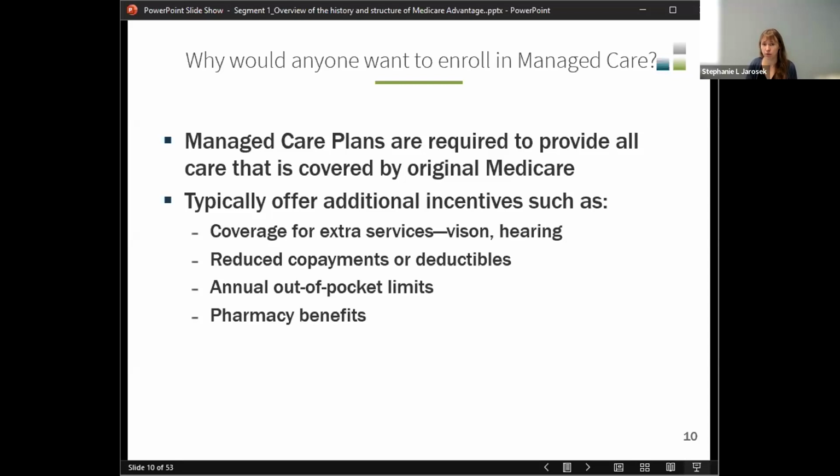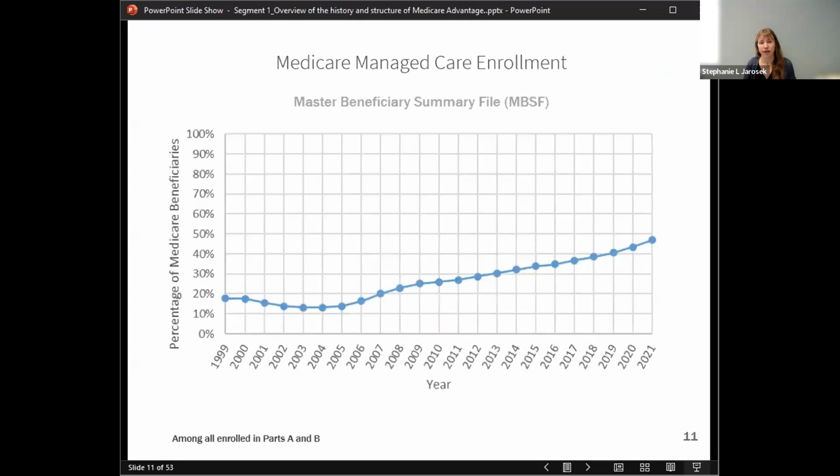Some of those things that were not covered by traditional Medicare, so the vision screening, hearing screenings, maybe eyeglasses, and they also can offer reduced copayments or deductibles for beneficiaries and annual out-of-pocket limits and some pharmacy benefits. So it can be very attractive for an individual to say, well, maybe I'm going to try this managed care plan because I'm going to get all of these extra services.